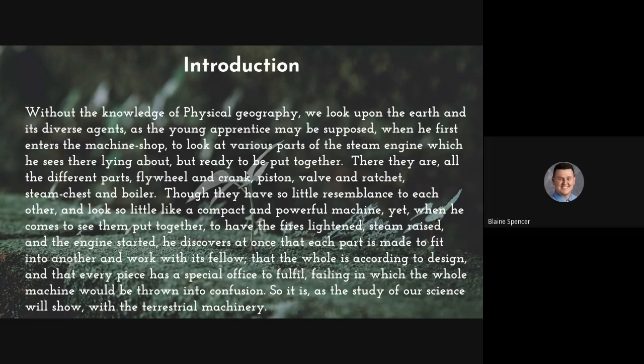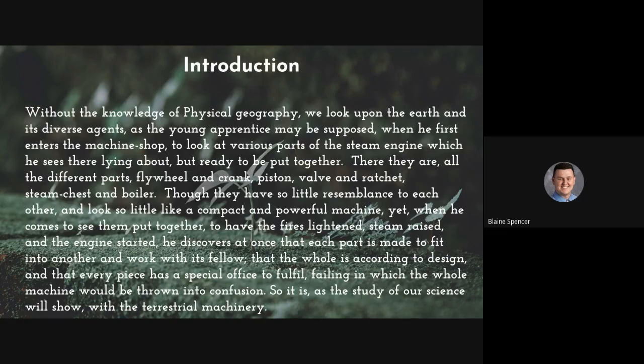Though they have so little resemblance to each other and look so little like a compact and powerful machine, yet when he comes to see them put together, to have the fires lightened, steam raised, and the engine started, he discovers at once that each part is made to fit into another and work with its fellow, that the whole is according to design, and that every piece has a special office to fulfill, failing in which the whole machine would be thrown into confusion.